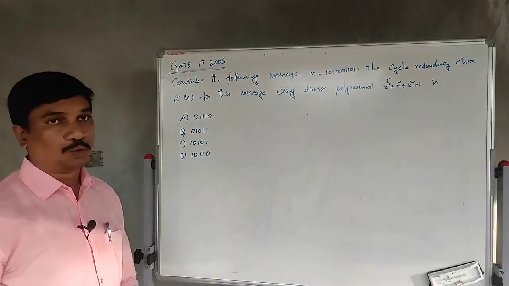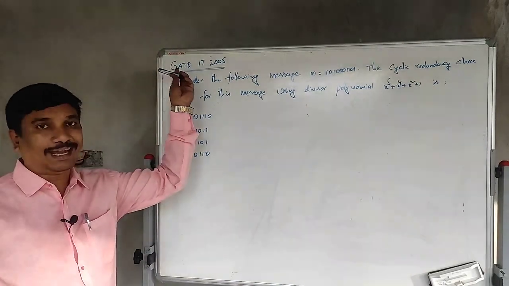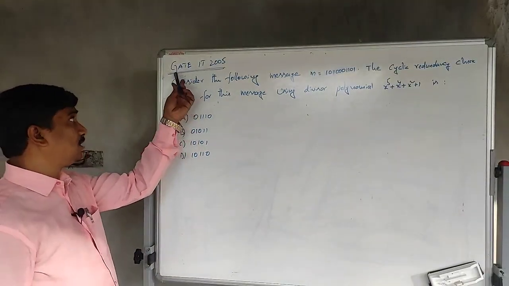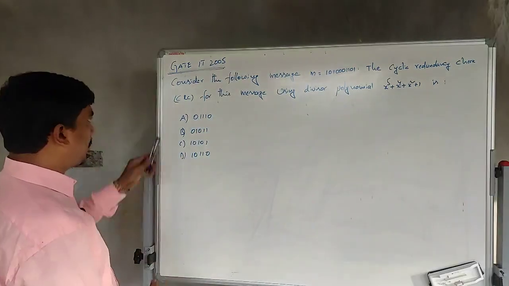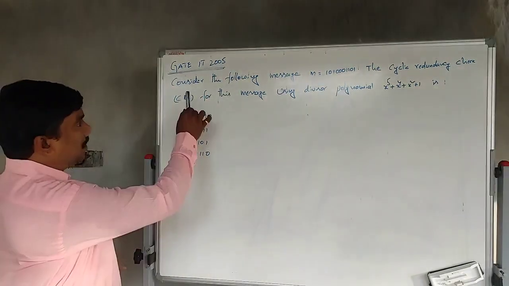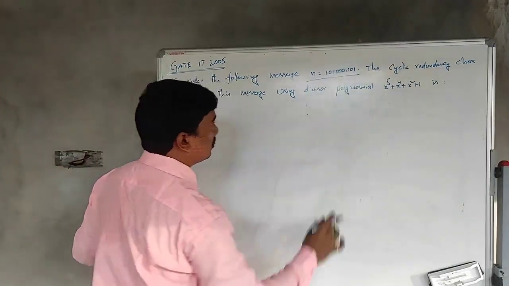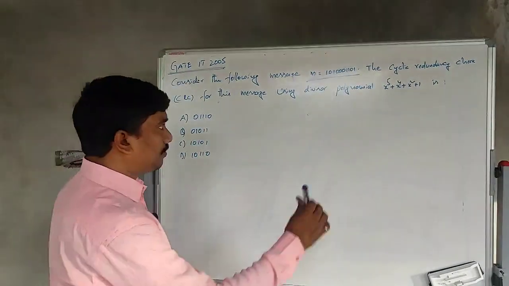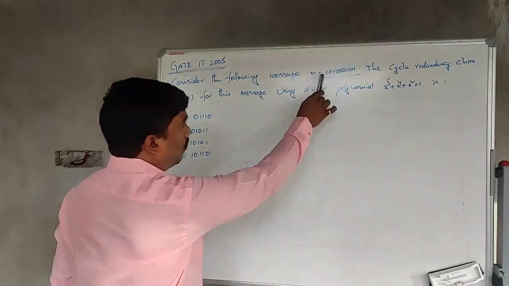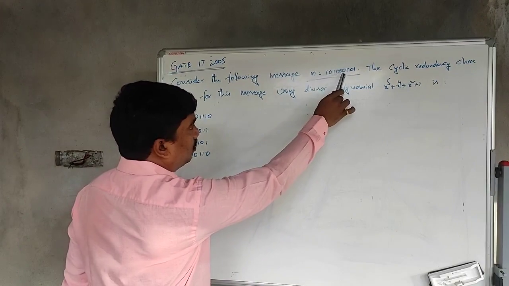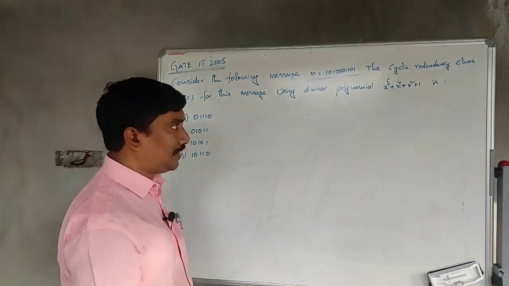Yes, so this is the example, and this is a GATE question, GATE 2005. Consider the following CRC problem: the message m equals 101001101, that is the actual message or data word.